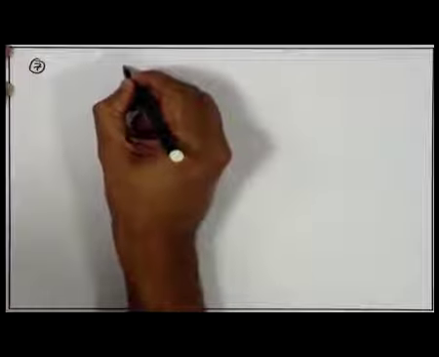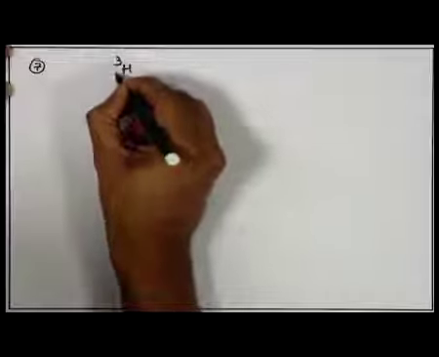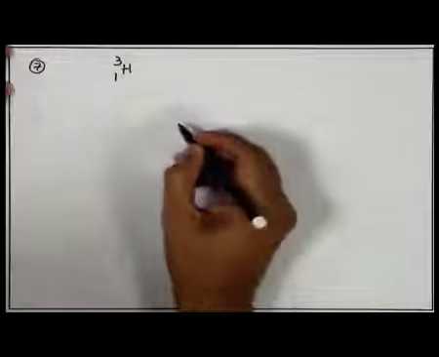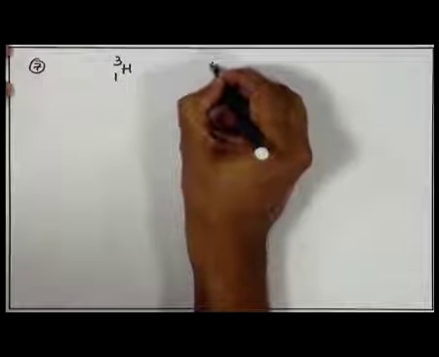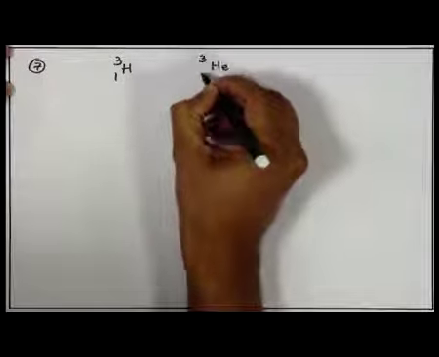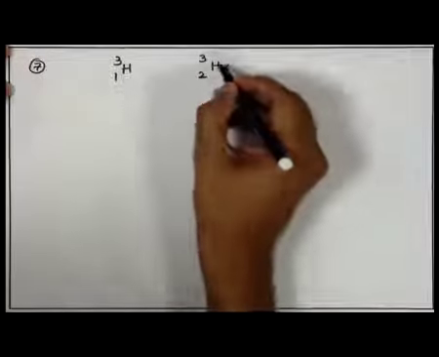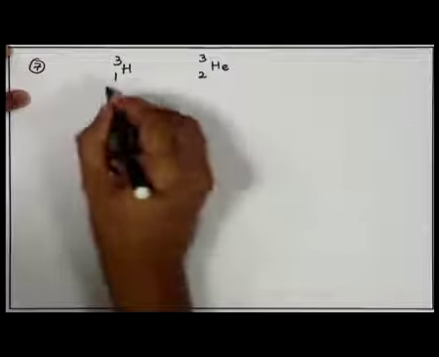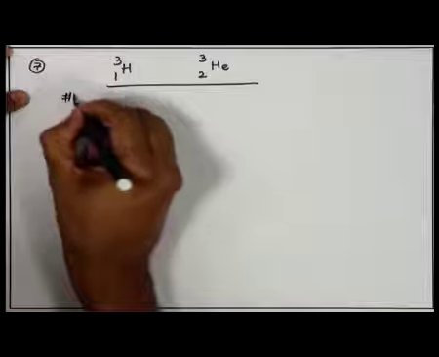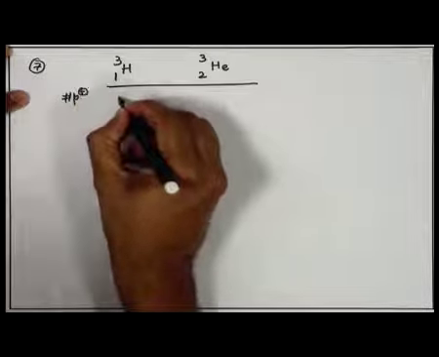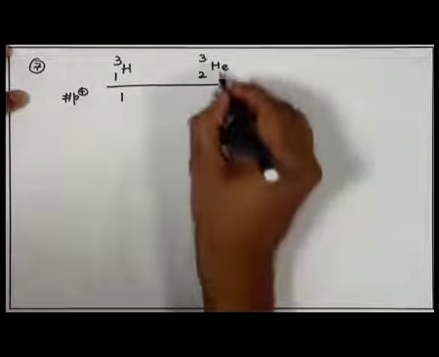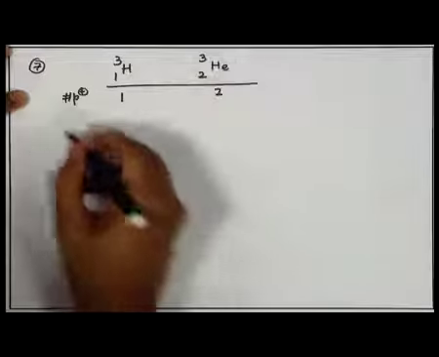This time, in this example, this is hydrogen 3, and I am going to compare it with helium 3, but helium's atomic number is 2. Again, let us write down the number of protons. The number of protons in this case is 1, and in this case is 2, because this is helium.